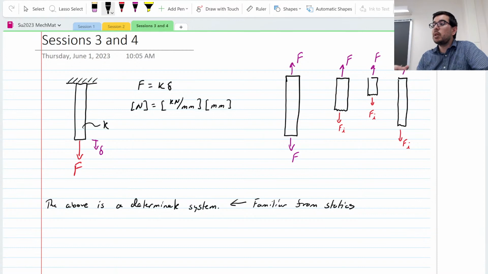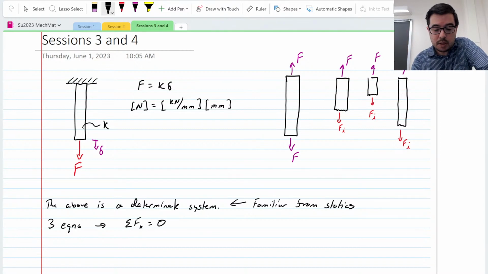So typically with a determinate system, you have 3 equations, and these are essentially the sum of the forces in the x direction and so on. This is 3 equations, typical to our 2.5D systems.